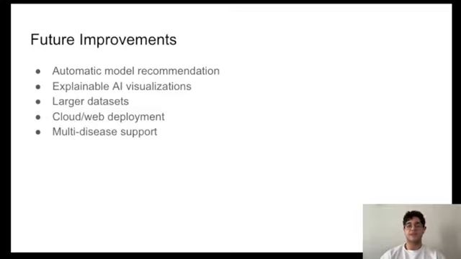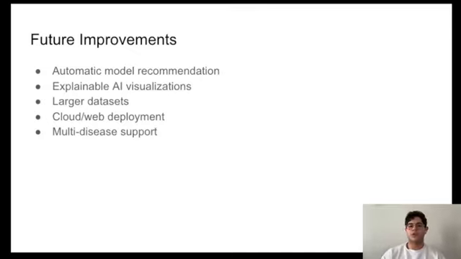Also, the user interface, as nice as it is, would benefit from some visualizations to explain how the AI comes up with these results based on the data it's given. As I've mentioned before, larger data sets would also help a lot to create a more precise and more accurate system.